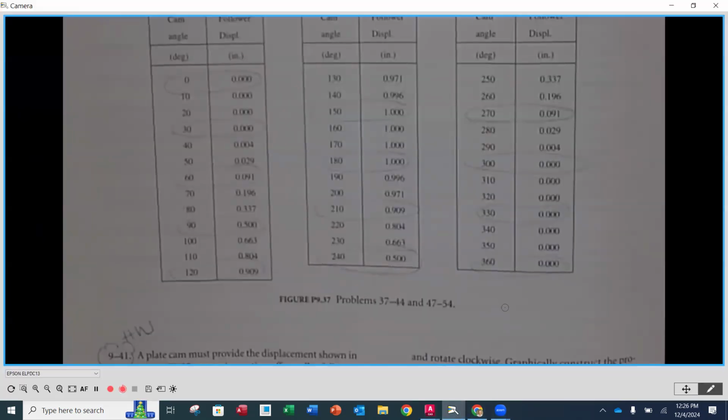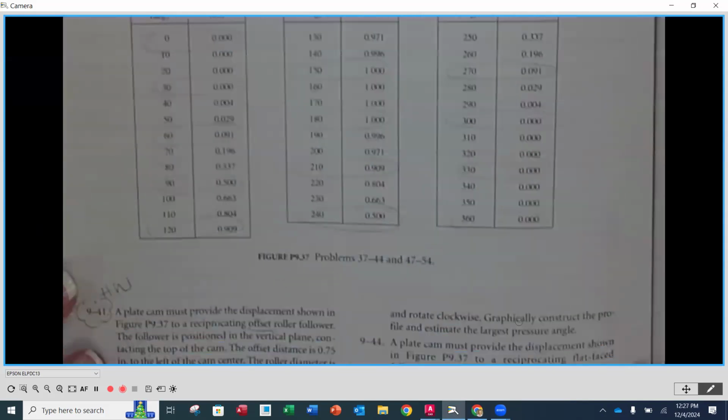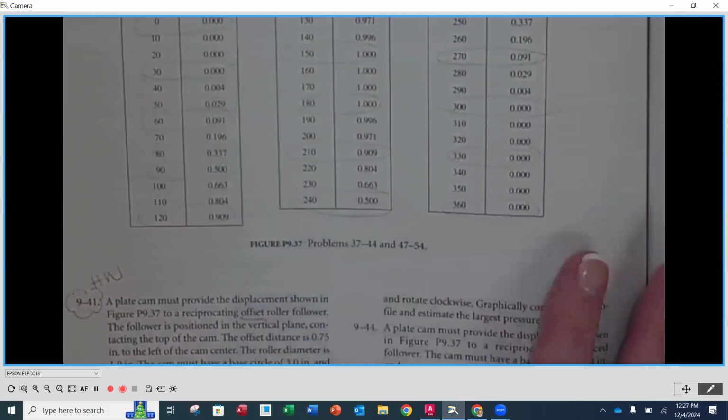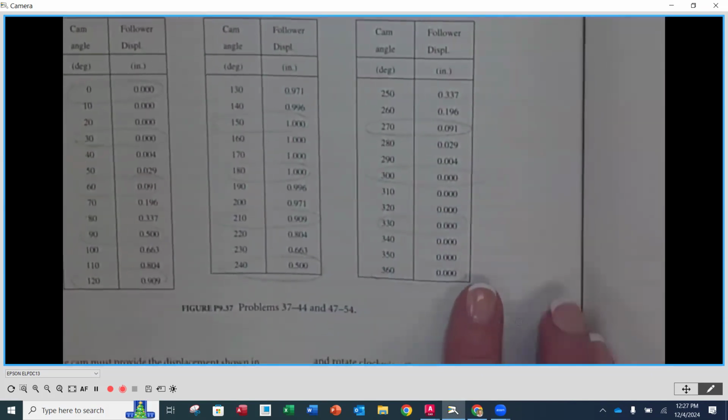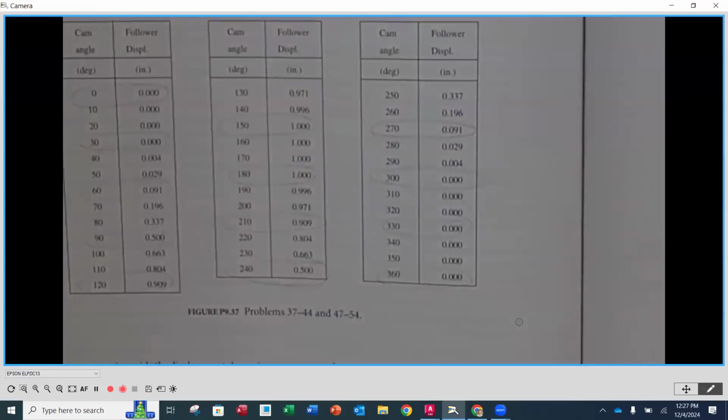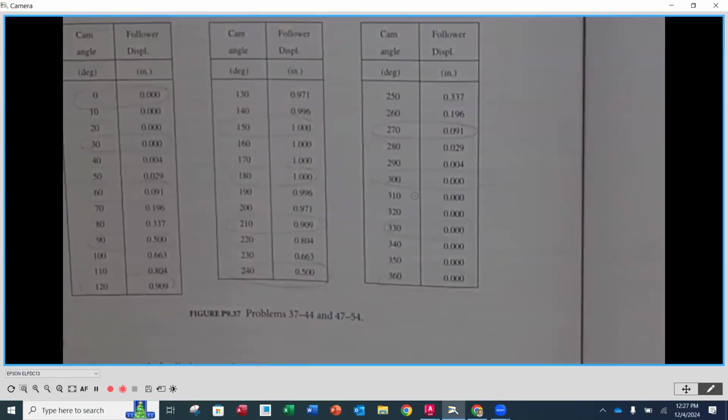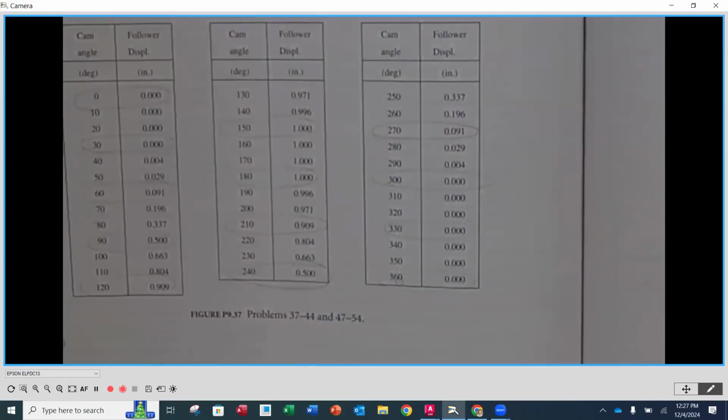Now, if we look at the data for this one, what is kind of nice is you're going to notice that as we start going in the opposite direction, the numbers are the same as the other side. So what this offers us is the ability to possibly do a mirror if we can. So I go back over here.